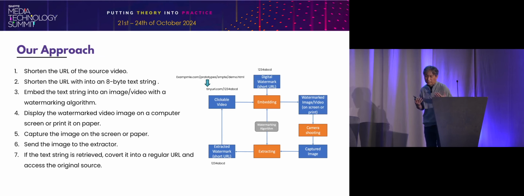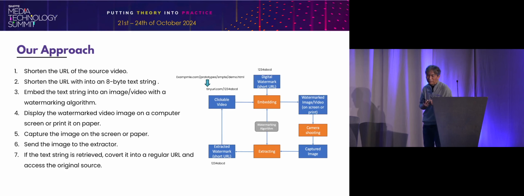So this is our approach. This is how we do it. You have an original URL. Sorry, I missed the HTTPS portion, but the URL can be lengthy sometimes, so we can shorten the URL. It's well known, like tinyurl.com that we use. There are a bunch of other short URL methods that we can use.